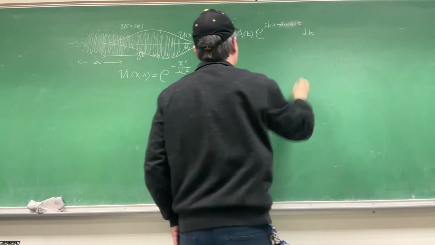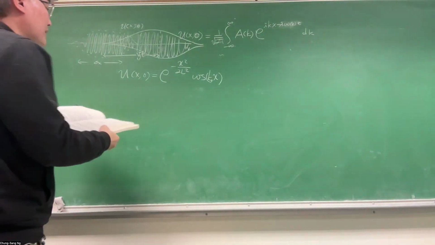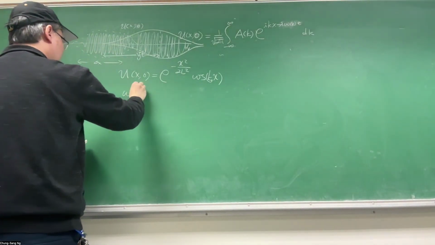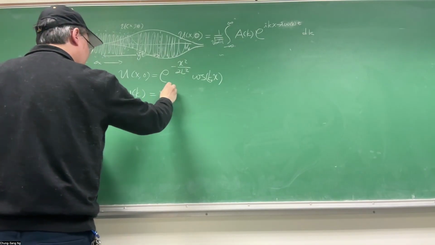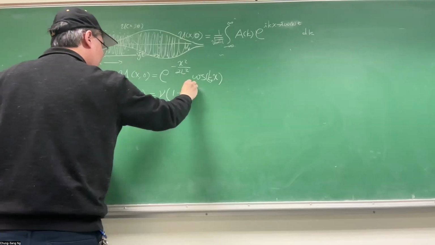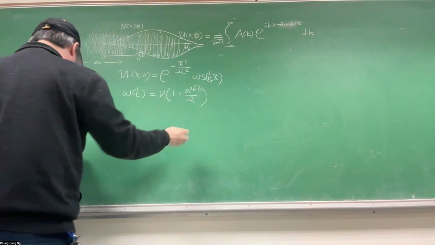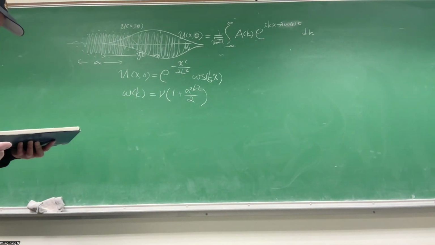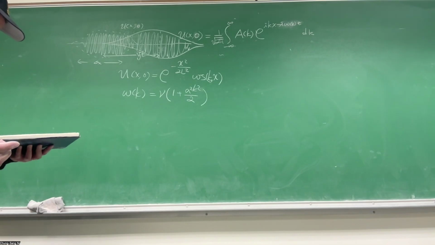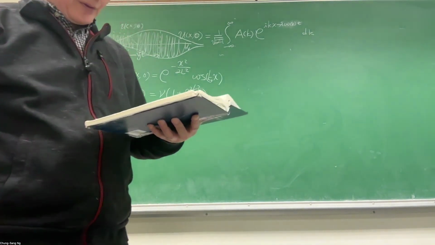You assume that you have a medium such that he uses a model where omega of k is some constant mu times 1 plus a k squared. So he's choosing an arbitrary omega, which is a little bit artificial, because as we just erased, there should be a linear term also.